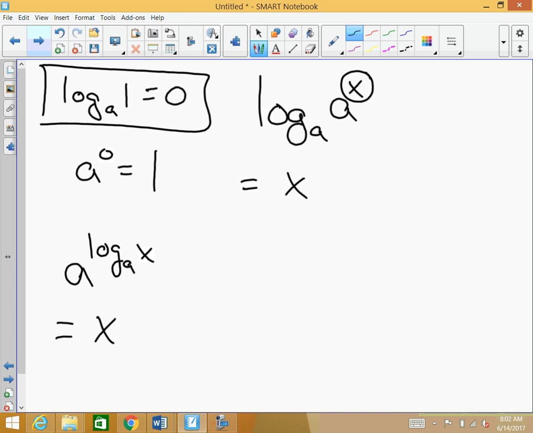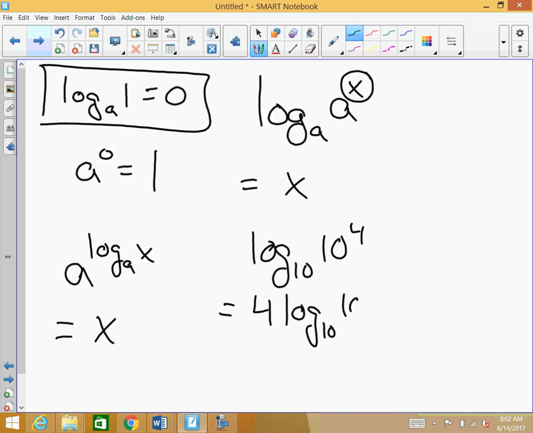Now one of the things I also want to point out is if I have, let's say, log base 10 of 10 to the 4, well, that's just going to be equal to 4 times log base 10 of 10, which is equal to 1.